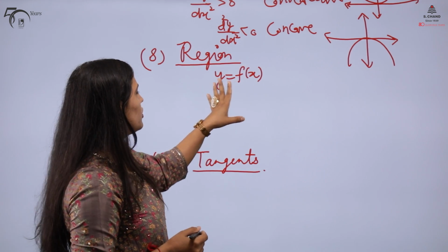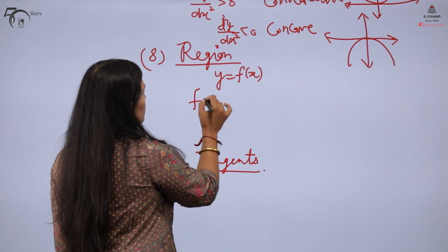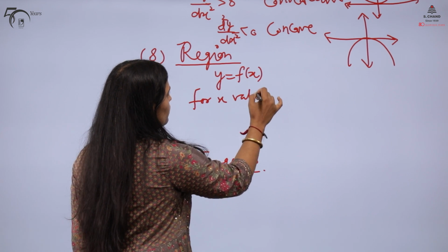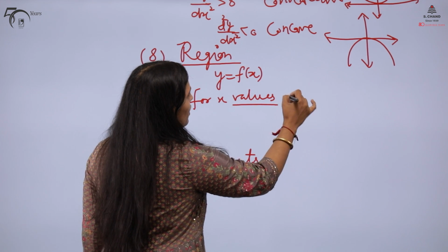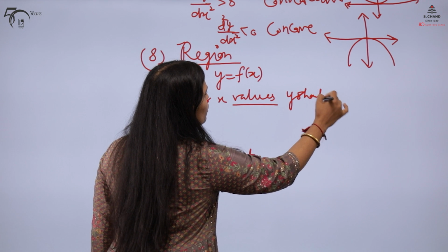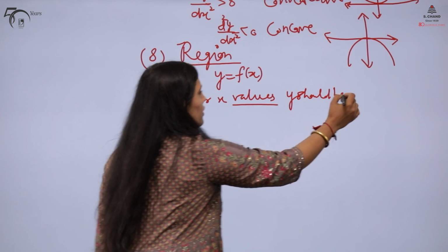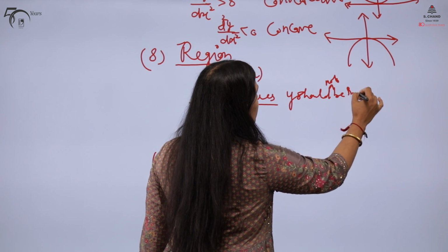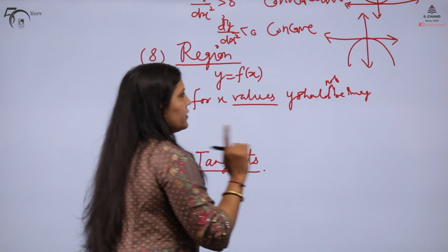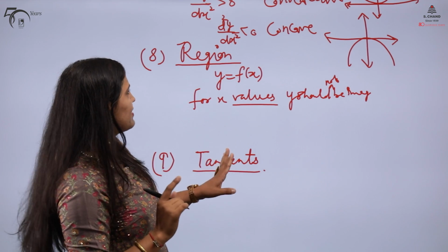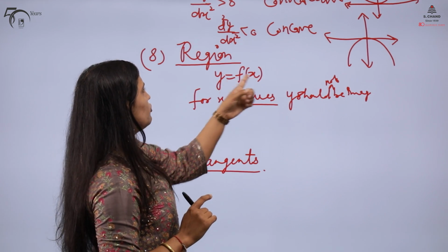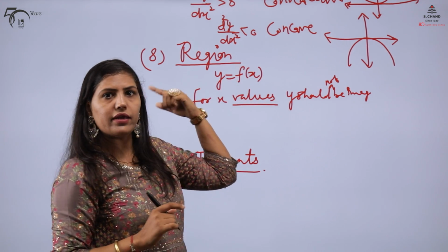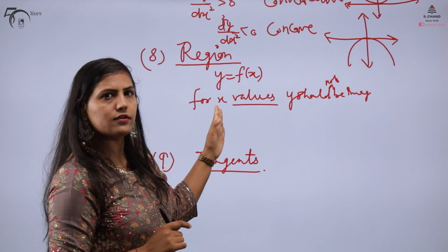It means for x values, y should not be imaginary. You are considering only the part where your curve is lying. It means for x, y should have real values. If it has imaginary values, you will not consider that point.